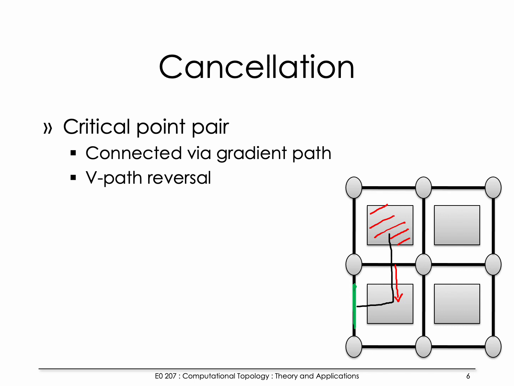While the process appears to be simple, once we go into 3D, there are a few situations, especially for gradient paths between a one saddle and a two saddle, where the V-path reversal is not a trivial problem. In fact, there may be situations where the V-path reversal may not be possible.